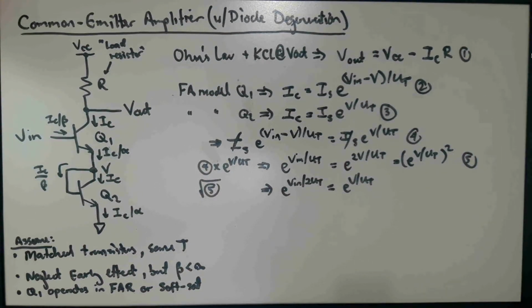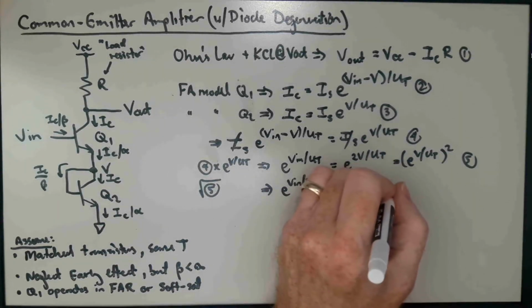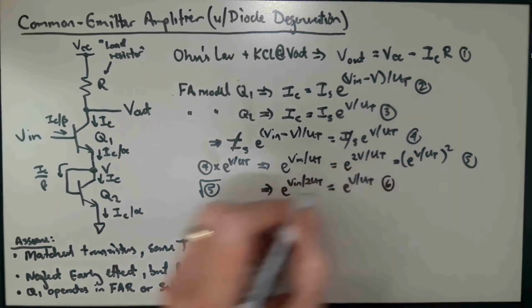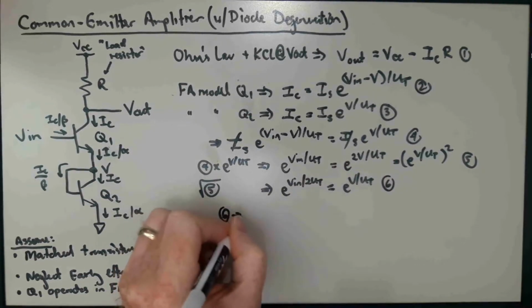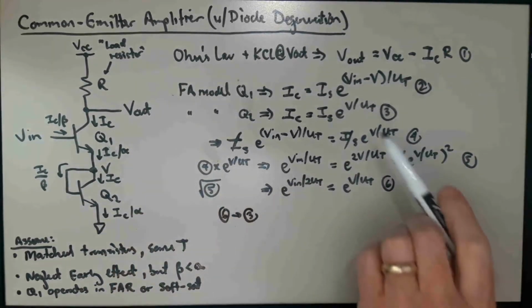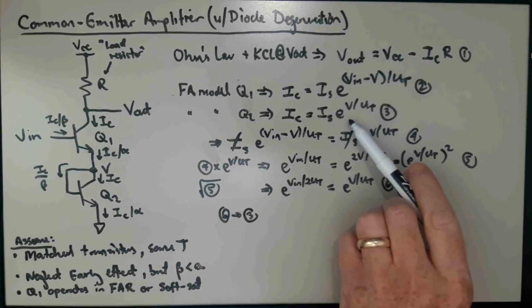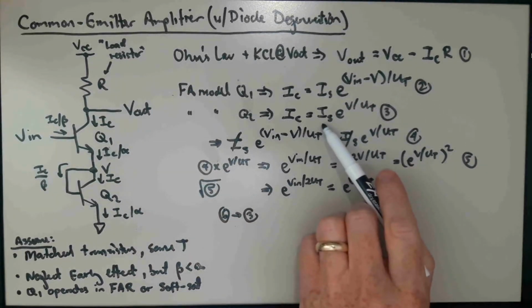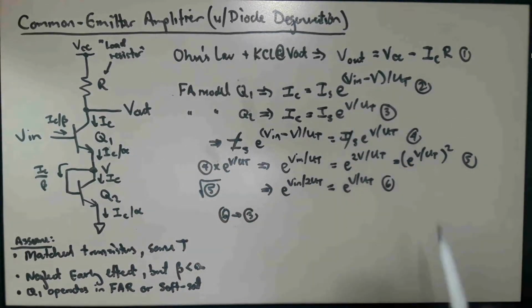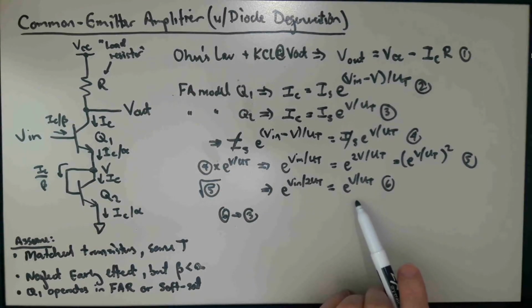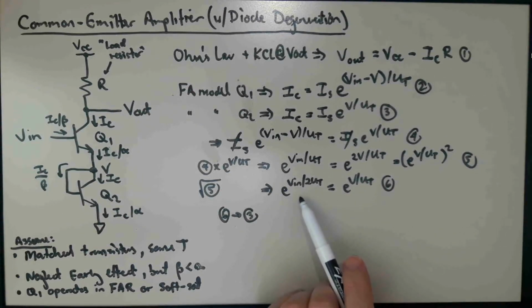And if you like, we can substitute this into 3. So if we call this 6, and go 6 substituted into 3. So if you recall, 3 up here gives us that IC is directly IS e to the V over UT. So we have an expression for e to the V over UT as a function of e to the Vin, right?